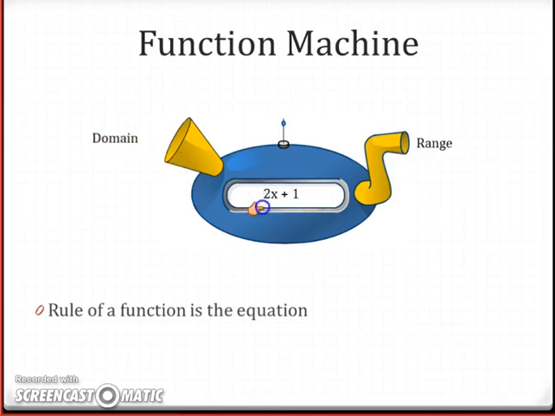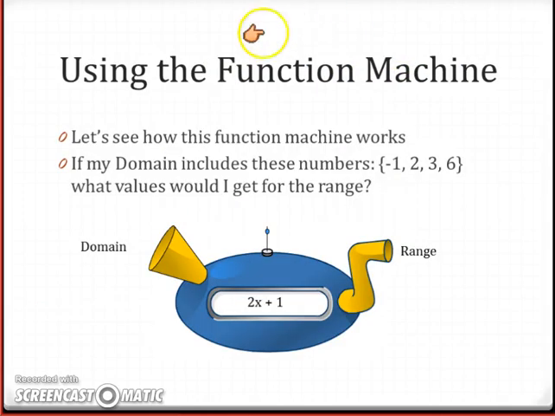The equation is the rule of the function, so the process that you're doing, and then the output is what you get out, the range values. So domain, the x values, is what you put in, the equation is the rule of the function, and the y values are the range that you get out.